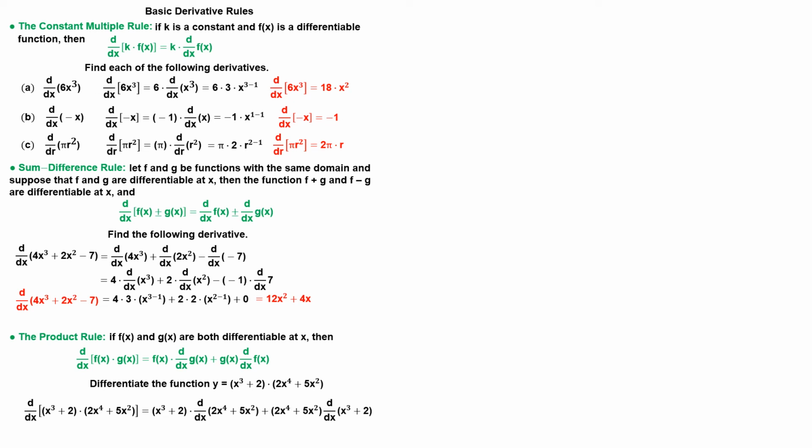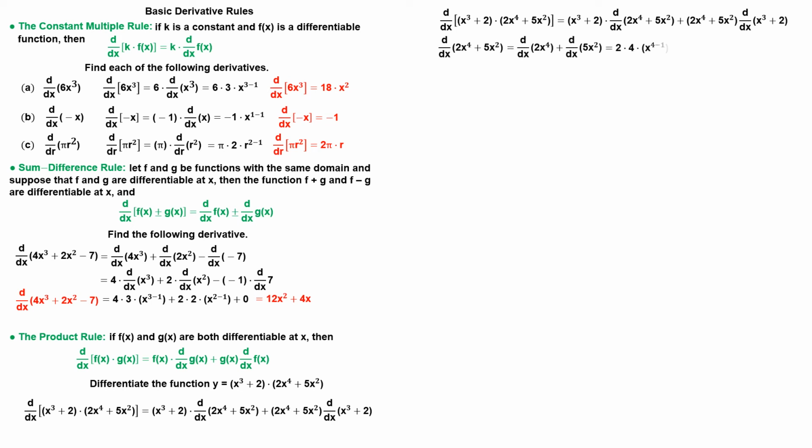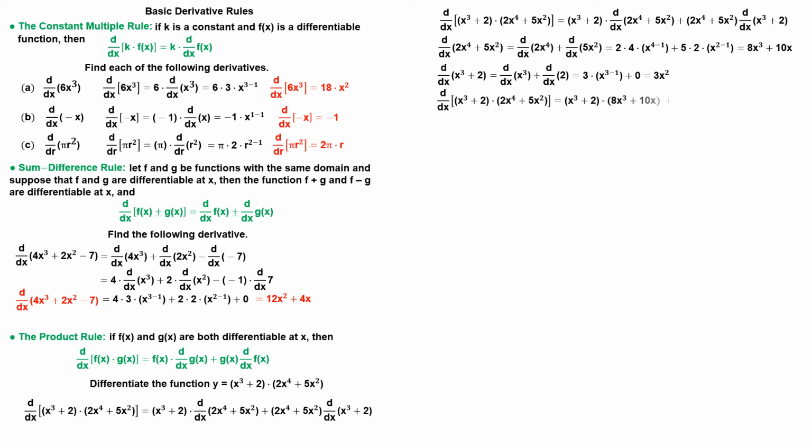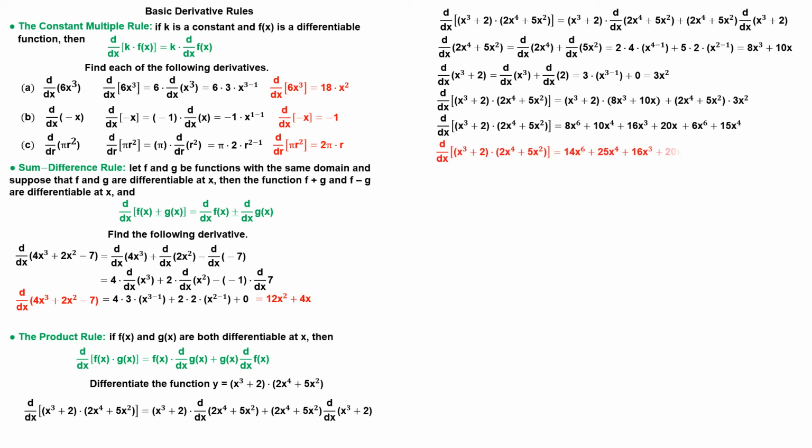Then we use the other rules. Multiply the first factor by the derivative of the second factor. Multiply the second factor by the derivative of the first factor. We apply the distributive law and we write the results in simplified form.